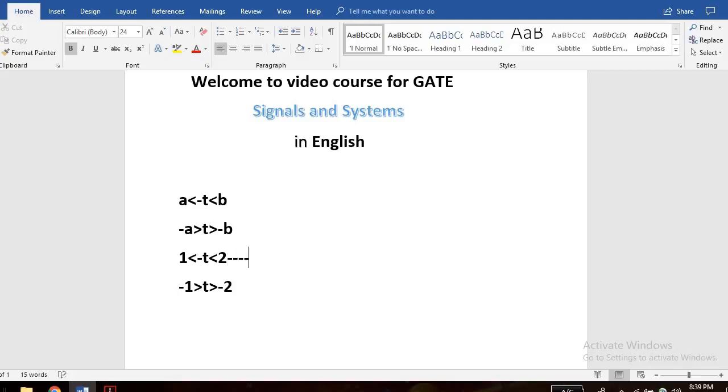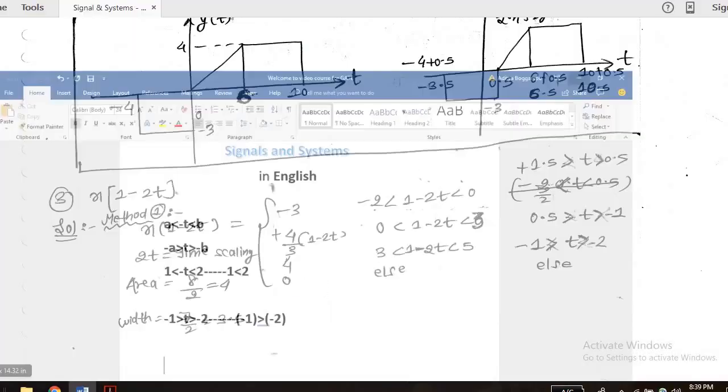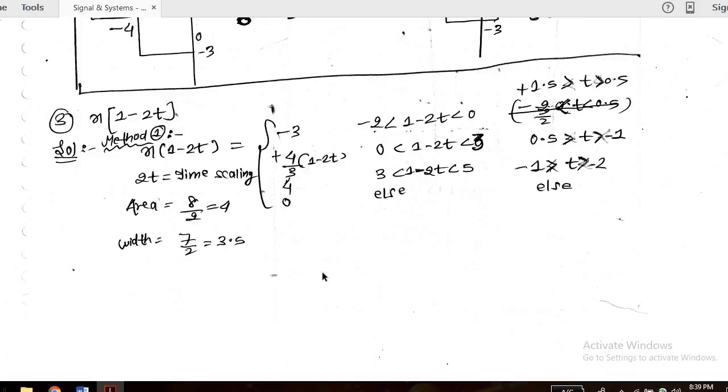Indeed, 1 is less than 2 here. So likewise for this the same relation should hold: minus 1 is greater than minus 2, because minus 1 is not less than minus 2. So this is an intermediate level concept. Okay, come back.